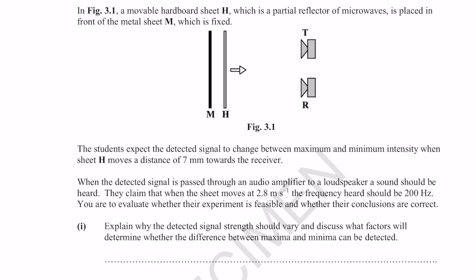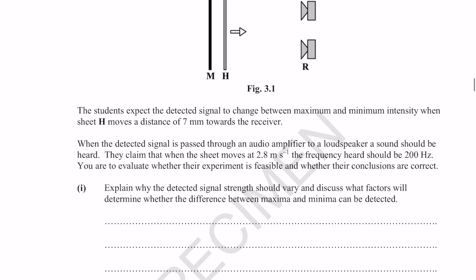So you've got a movable hardboard sheet H, which is a partial reflector of microwaves, placed in front of the metal sheet M, which is fixed. And the student expects the detector signal to change between maximum and minimum intensity when the sheet H moves a distance of 7 millimeters towards the receiver.